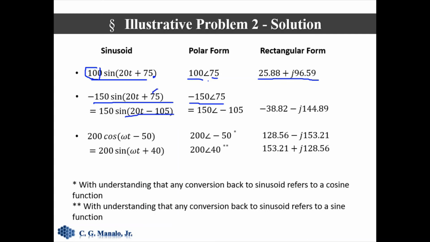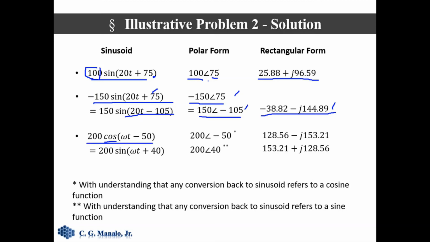So the polar form would be this one. Actually, this one and this one are just the same, and that should give a rectangular form that looks like this. Now for the third sinusoid, we're given a sinusoid in cosine.